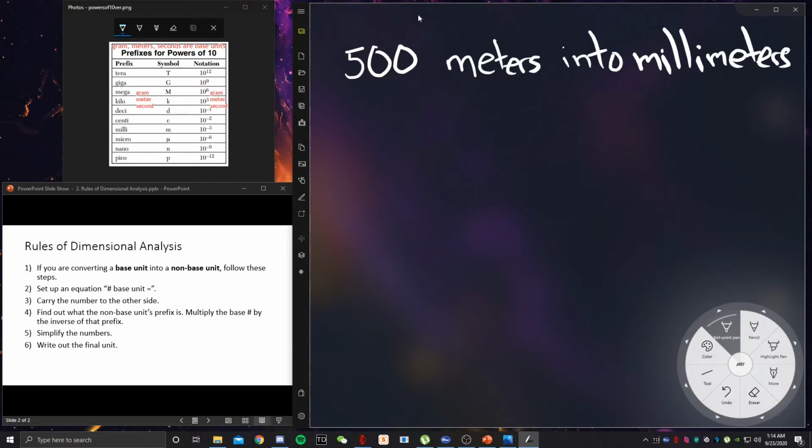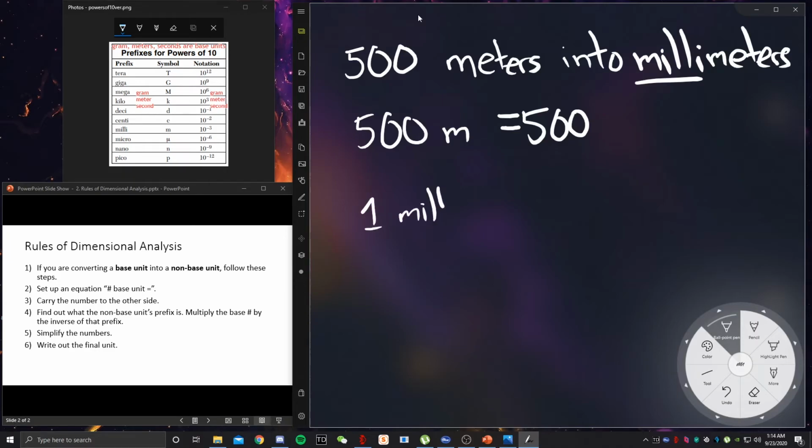Well, first off, we're going to set up our equation, 500 m, m being meters. We want to set up an equal sign. We want to carry our number to the other side. Well, what is our non-base unit? Our non-base unit here is milli. And we know that 1 milli, according to your powers of 10 chart, is 10 to the -3.